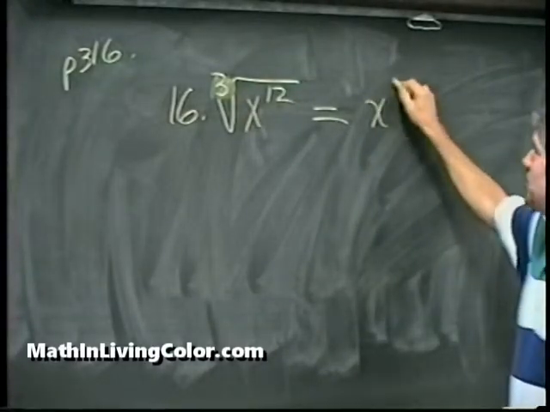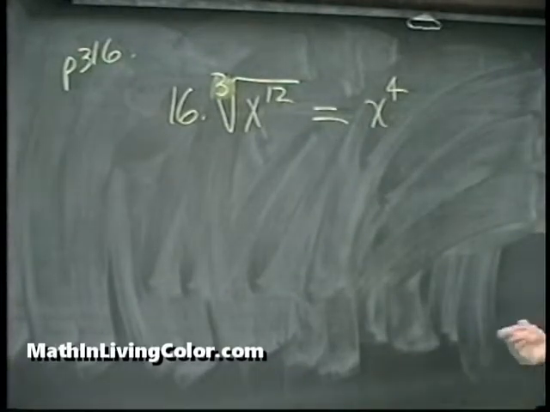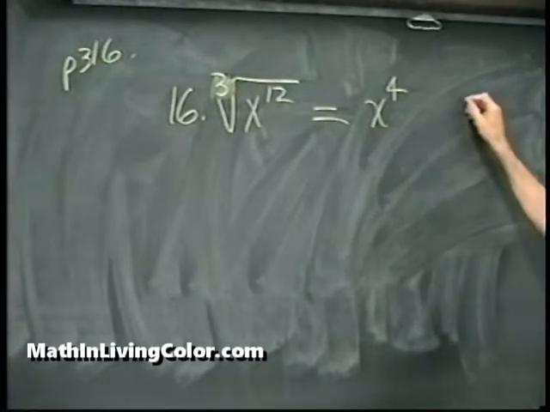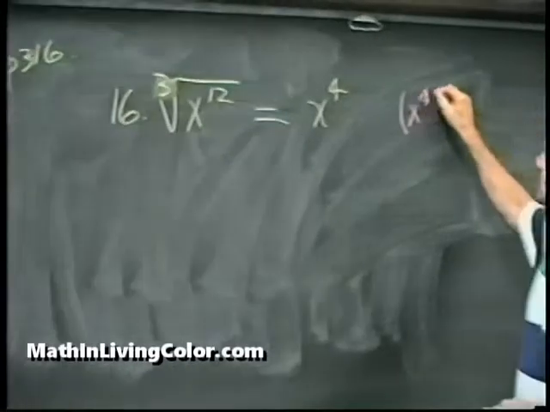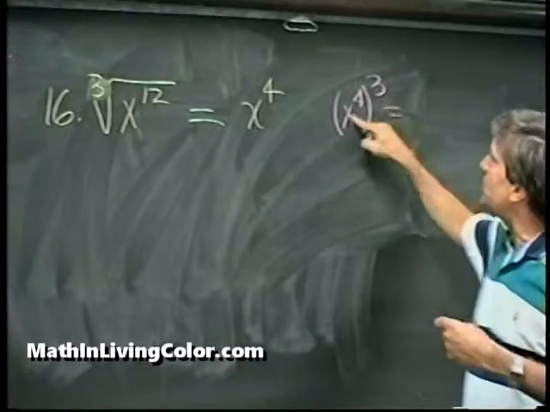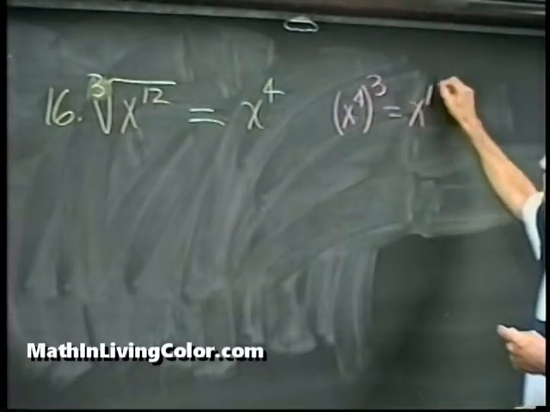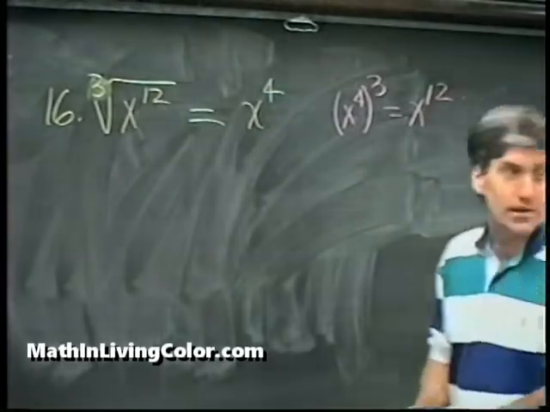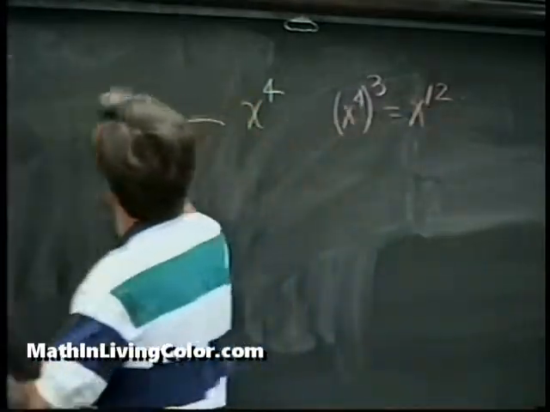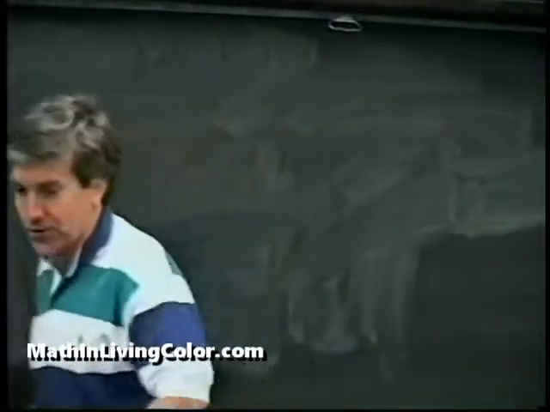X to the 4th. And if you wanted to check that, which you may not, but if you wanted to check it, what would you have to do to check it? Take the x to the 4th and raise it to the third power, which is like multiplying exponents, right? And you'd end up with x to the 12th. That's it. Okay? Any questions on that? All right? Now that's how you take a cube root, or a fourth root, or a fifth root.